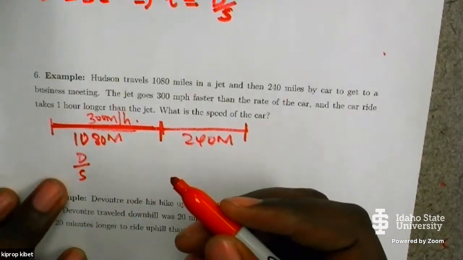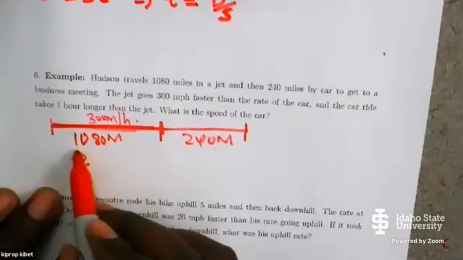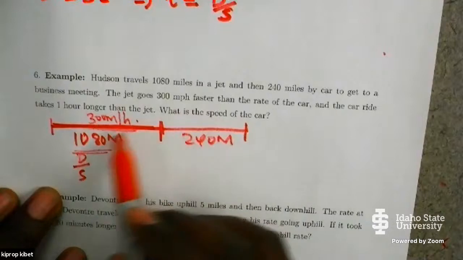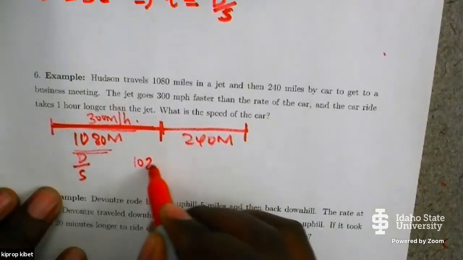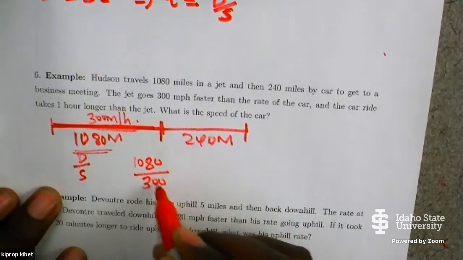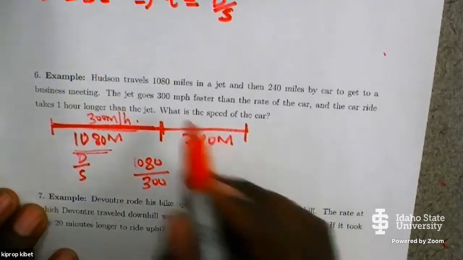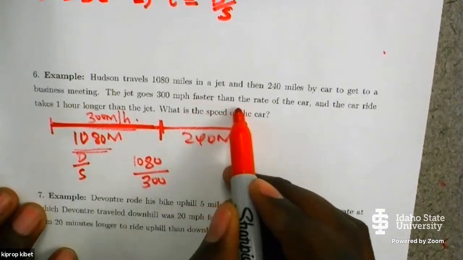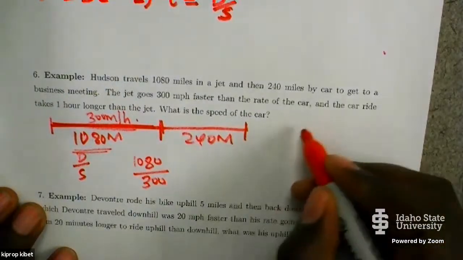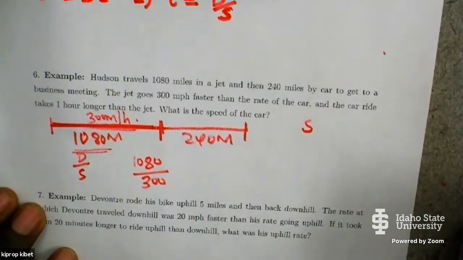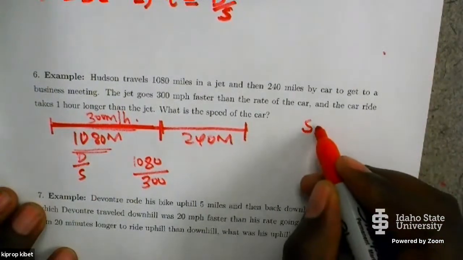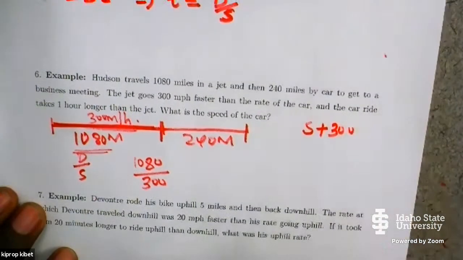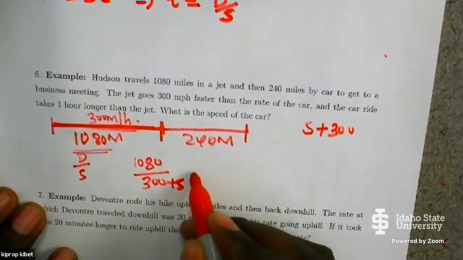So the jet will take 108 over 300, and it says the jet goes 300 miles per hour faster than the rate of the car. So let's say the rate of the car is S. So the speed of the jet will be 300 plus S.